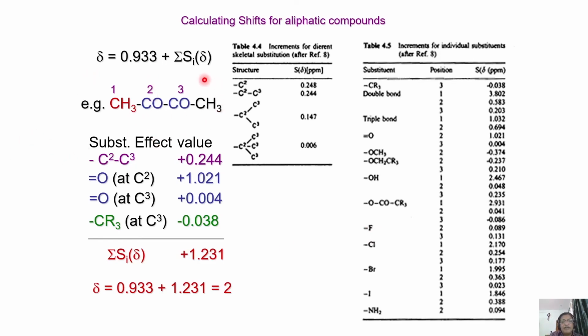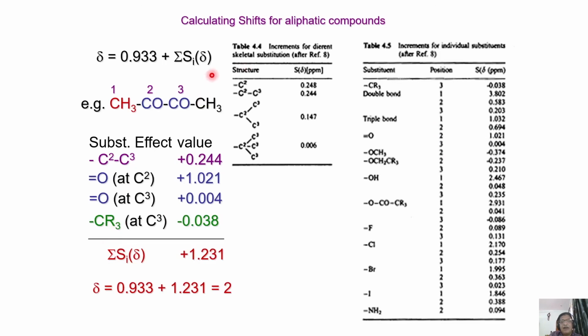Now for this molecule, as an example, the substitution effect for C2, C3 is 0.244. For oxygen at C2 it is 1.021. You can see oxygen at position 2, 1.021. Oxygen at position 3, 0.004. See, 0.004. Take that value.